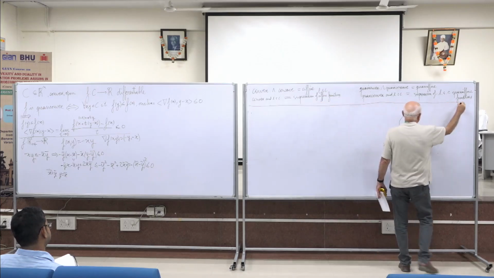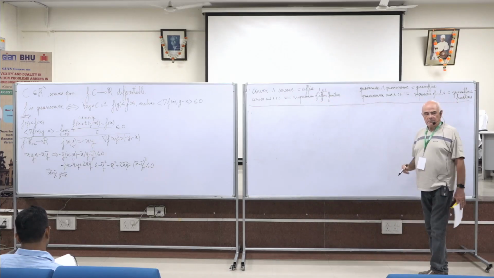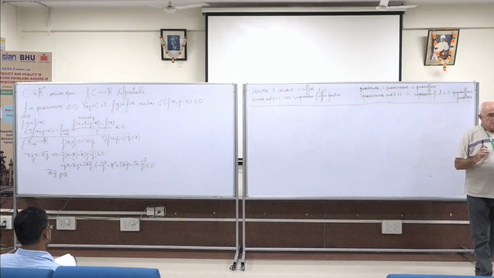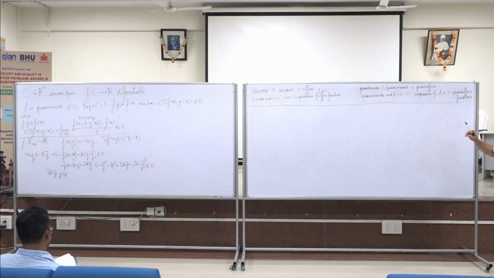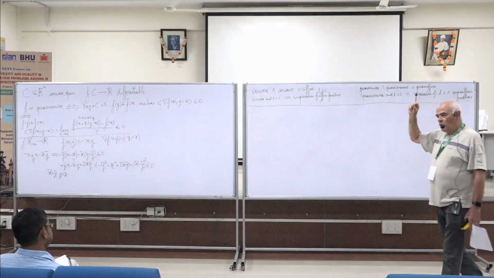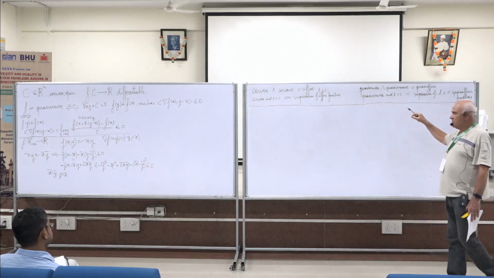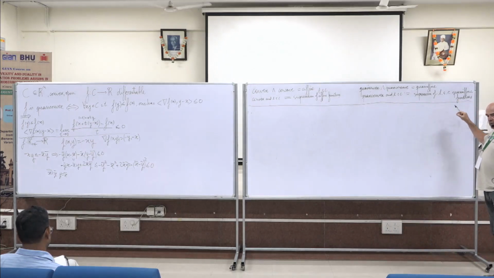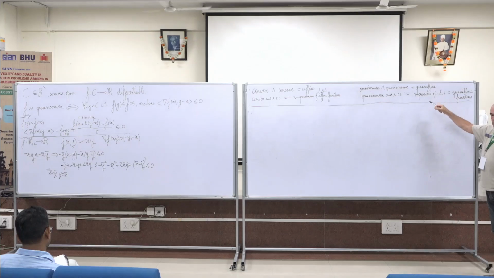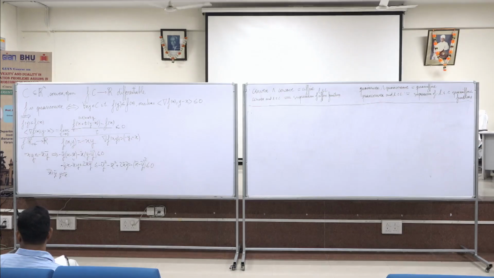So let us prove this result. I will not write the statement, but the statement is implicit there. So a function defined on a convex set is quasi-convex and lower semi-continuous if and only if it is the pointwise supremum of a collection of lower semi-continuous quasi-affine functions.